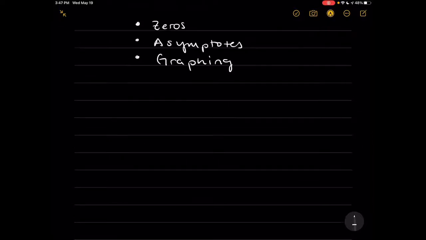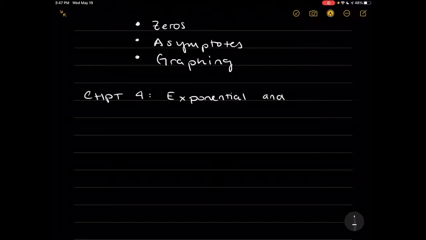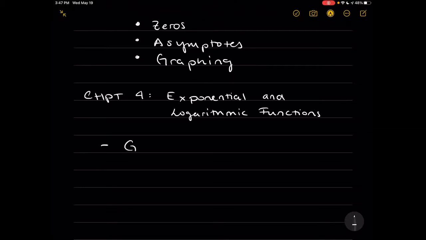The midterm will also be focusing on Chapter 4, which was a little bit shorter. Chapter 4 was on exponential and logarithmic functions. And we started off Chapter 4 by talking about graphing these functions.